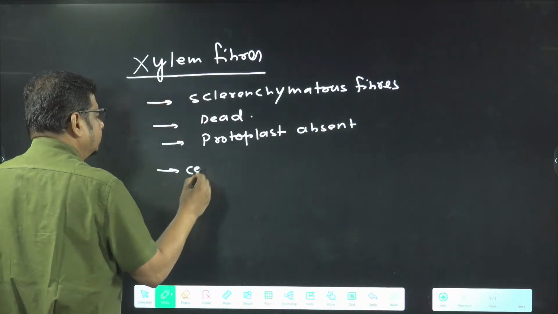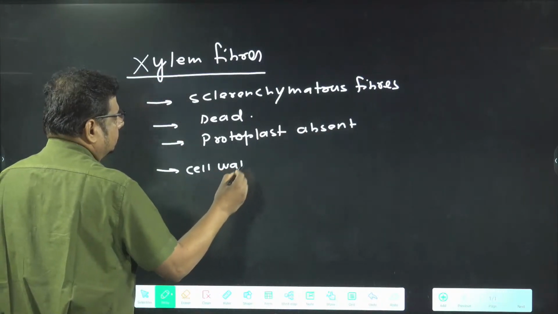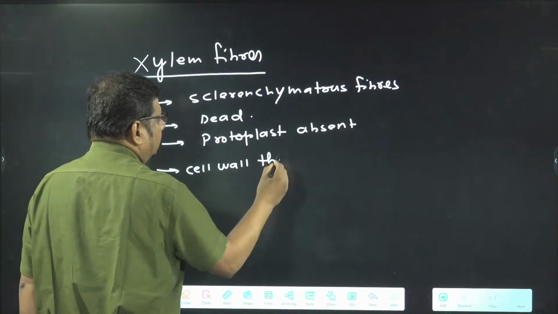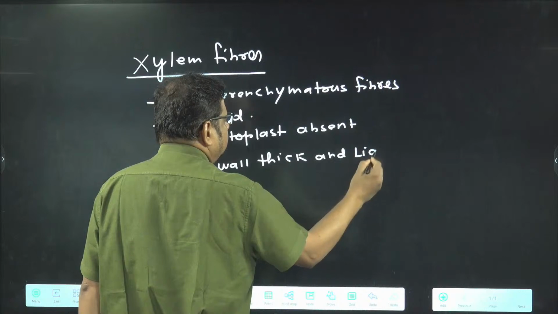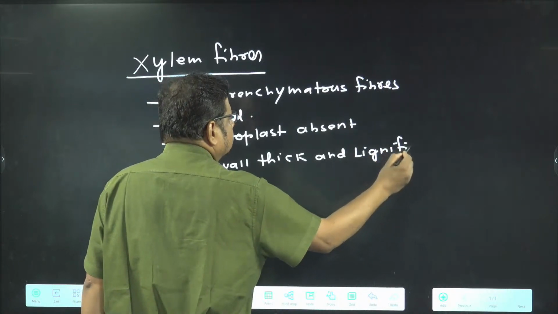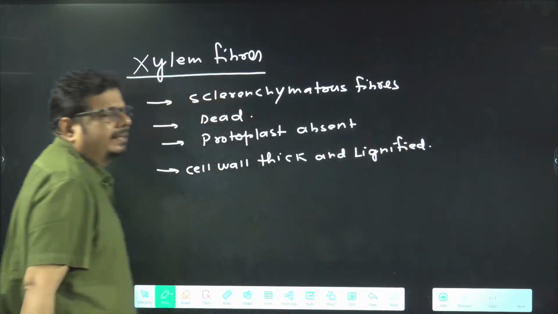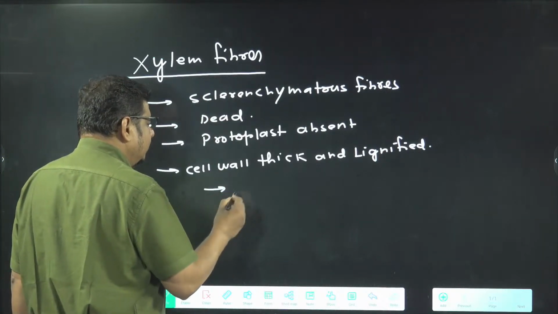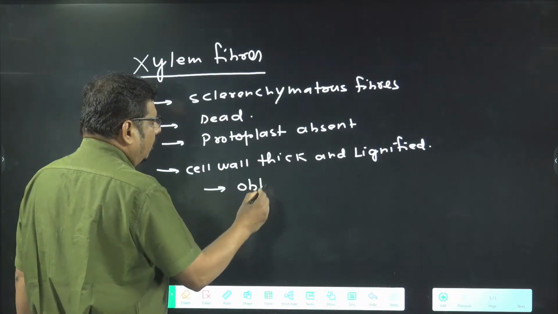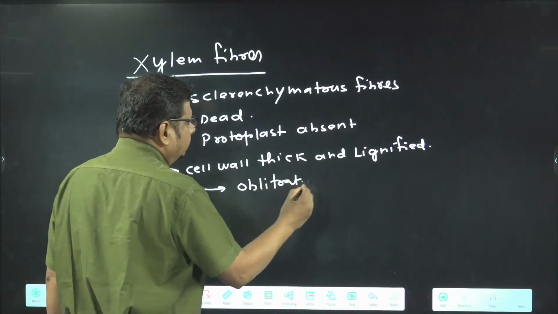Cell wall thick and lignified. And very high thickening is there. Right. So due to more thickening in the cell wall, what will you find? Obliterated lumen.